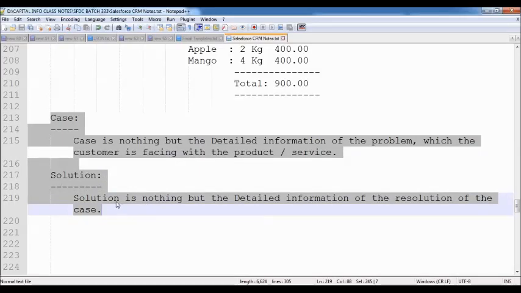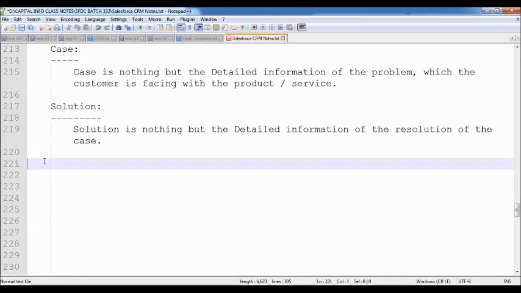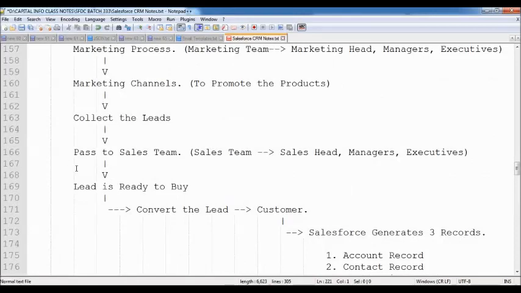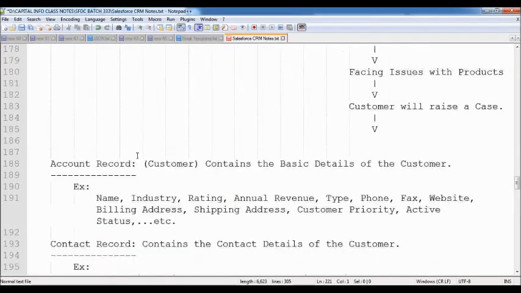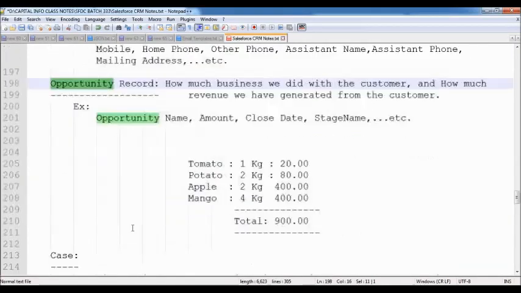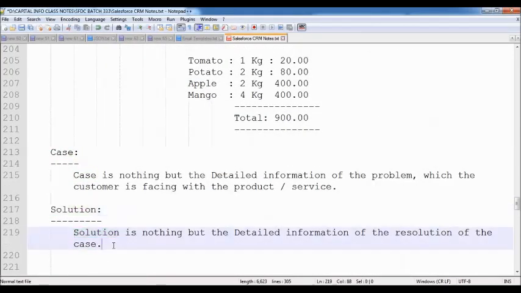These are the various terminologies that we use as part of the CRM process, like campaign, lead, account, contact, opportunity, case, and solutions.